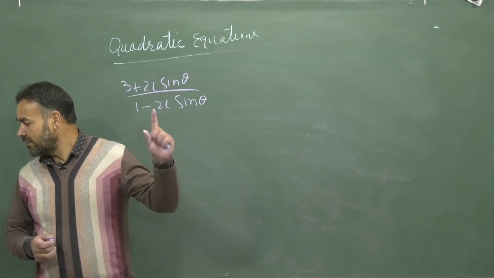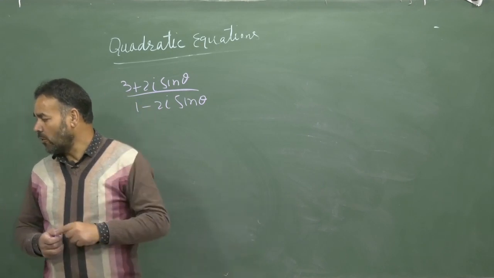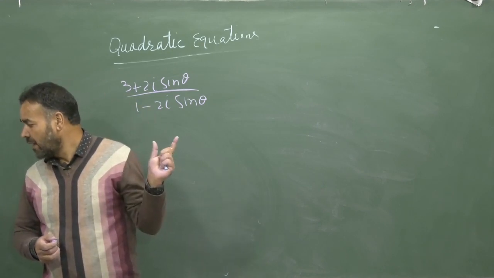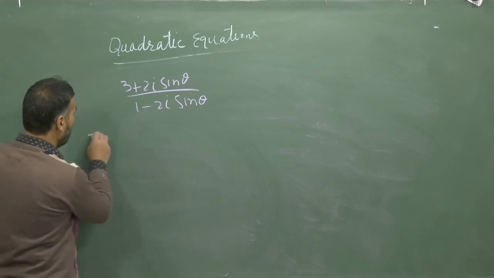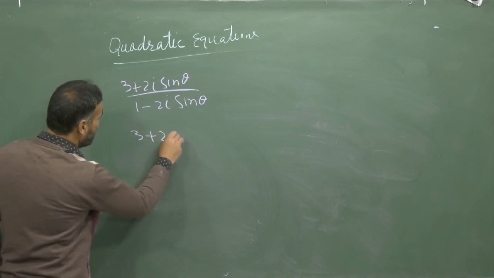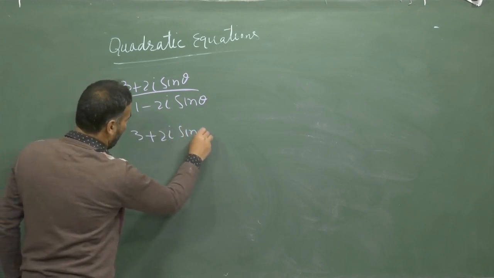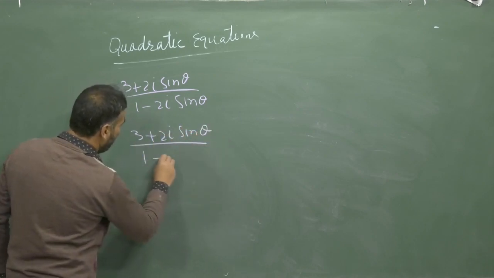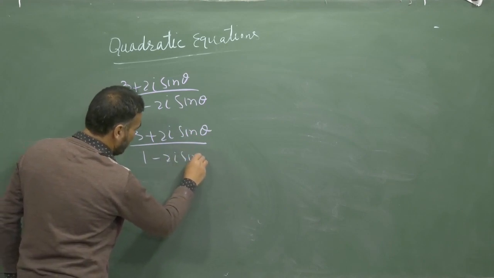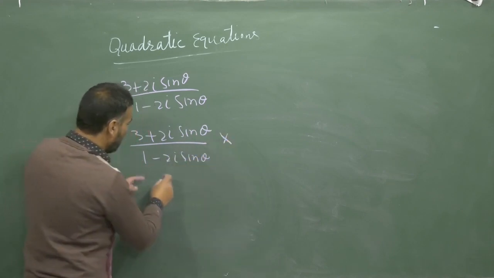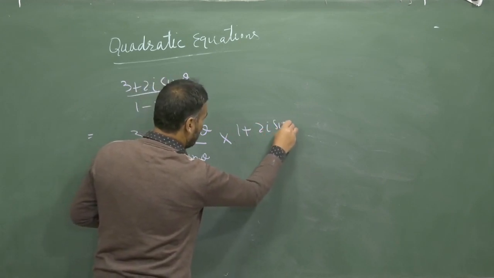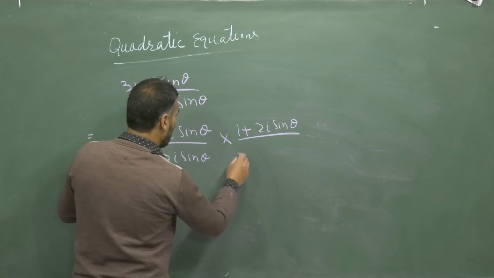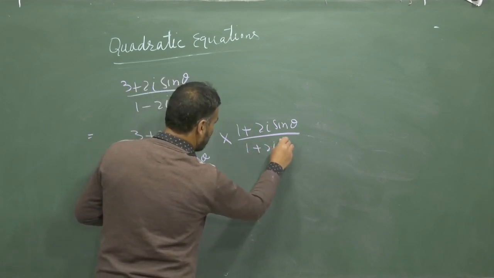So if we take 3 plus 2 iota sine theta divided by 1 minus 2 iota sine theta, how can you solve this? We will rationalize it. By rationalizing it, we can multiply it by 1 plus 2 iota sine theta divided by 1 plus 2 iota sine theta.